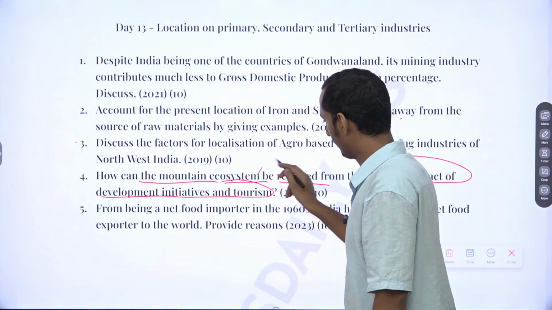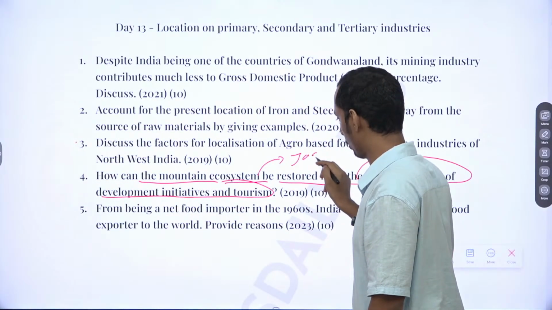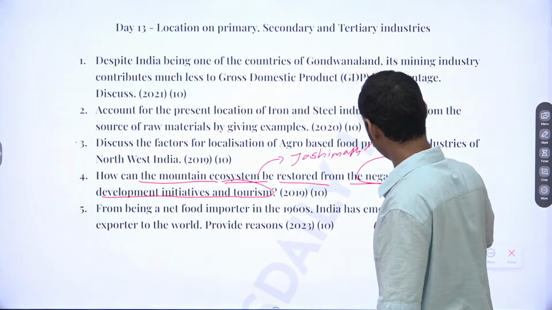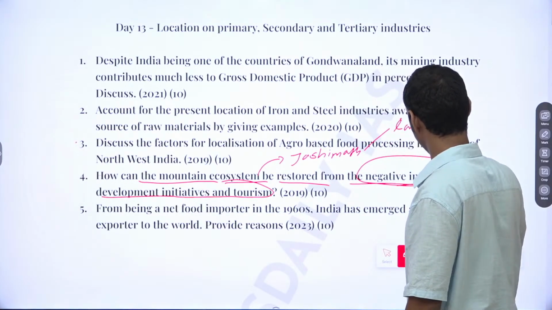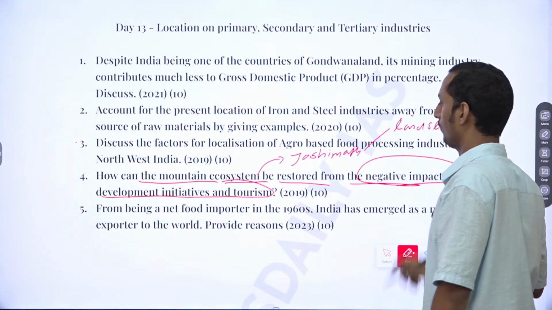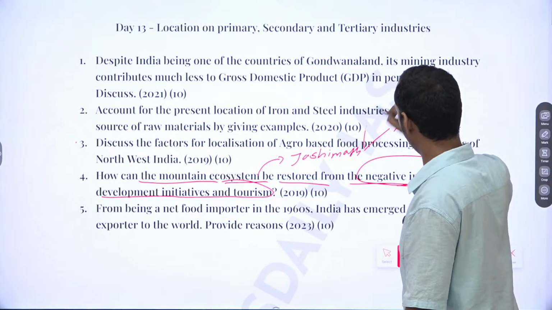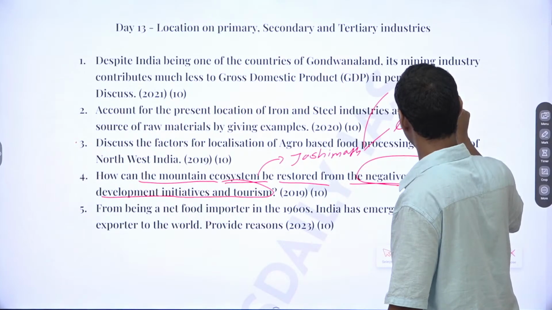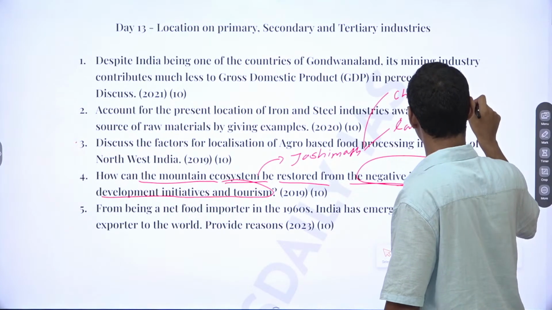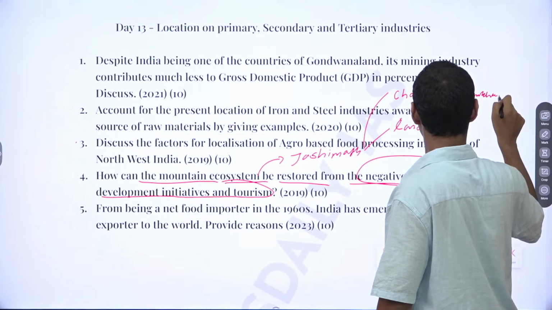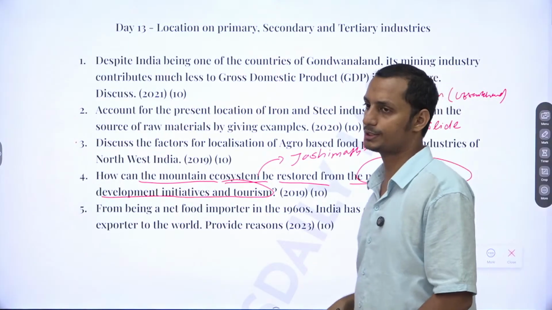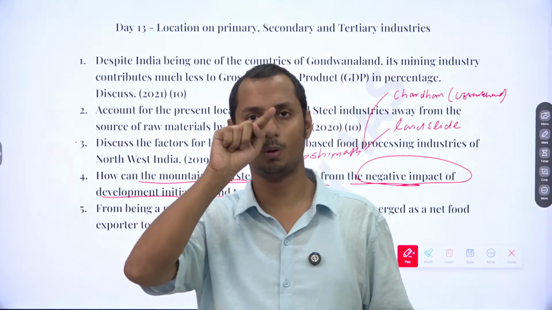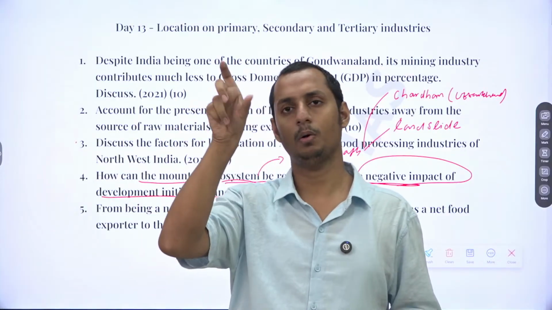Okay, recently there was this Joshimath landslide, right? Or there was a landslide in Chardham in Uttarakhand, because a Chardham highway connectivity project is going on in Uttarakhand to connect all the Chota Chardhams.